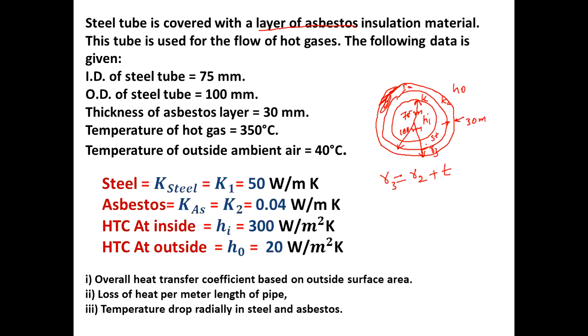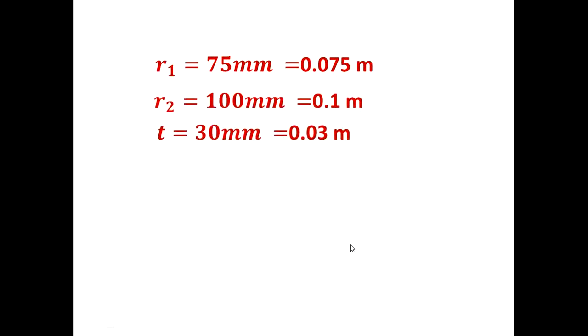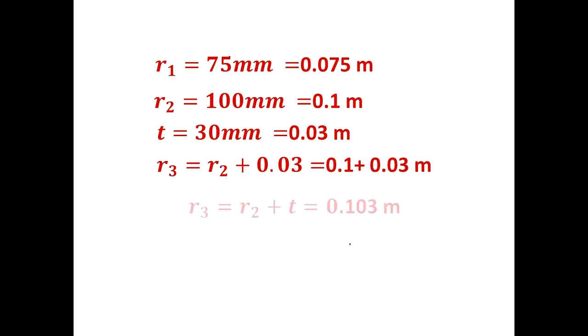This is steel material, this is insulator material, and the thermal conductivities are given here. Please note down properly. Internal radius 75 mm, convert this into meter. R2 is converted into meter. Thickness is 0.03. Then R3 is equal to R2 plus 0.03. Then R3 is equal to 0.103 meter.